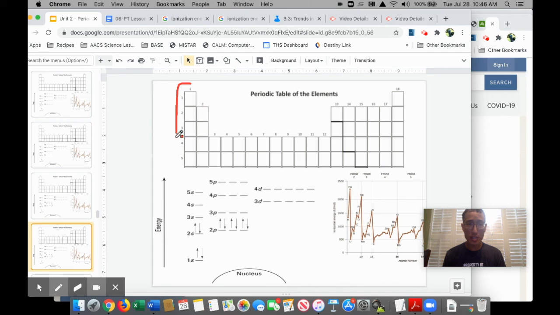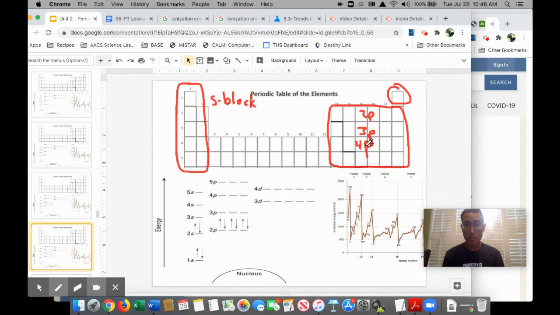All these sections here, this one right here, this is what we call the s block. And all these here, this is where the p electrons are. So the 2p is here, 3p is here, 4p would be here, and so on. Any outer electrons would go here. This is 1s, 2s, 3s, and so on.